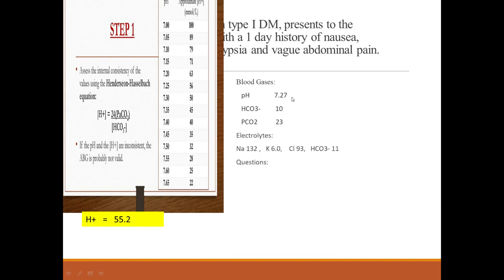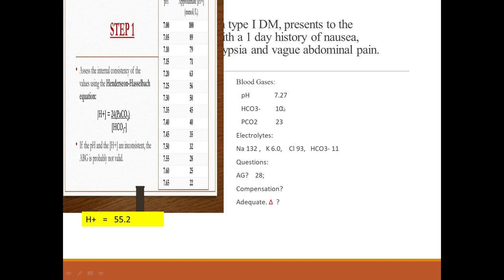The second step is the calculation of the anion gap by the serum electrolytes. We know sodium minus chloride plus bicarbonate makes the anion gap, which comes as 28, which is high. For the compensation, we can use the Winter formula, or as I told you, a 1.2 times drop of PCO2 for each one drop of bicarbonate.